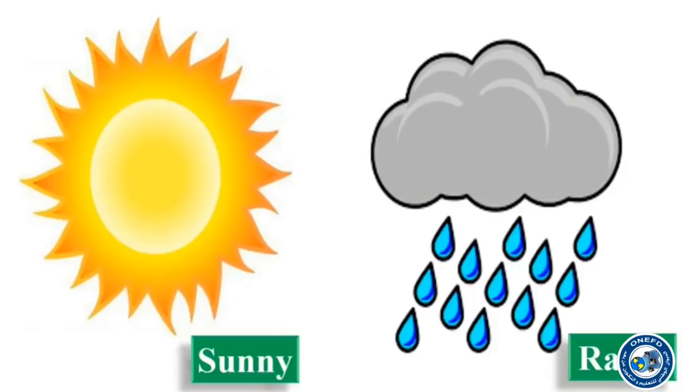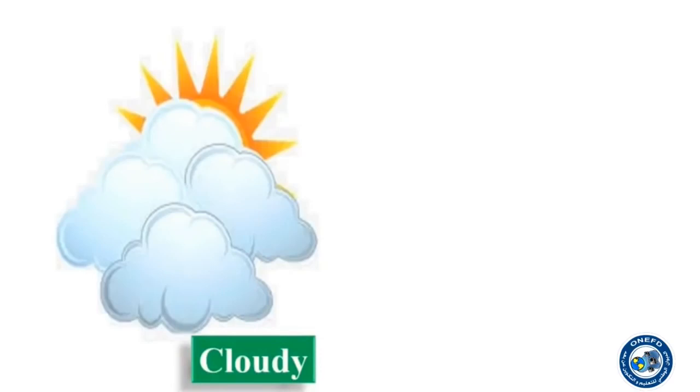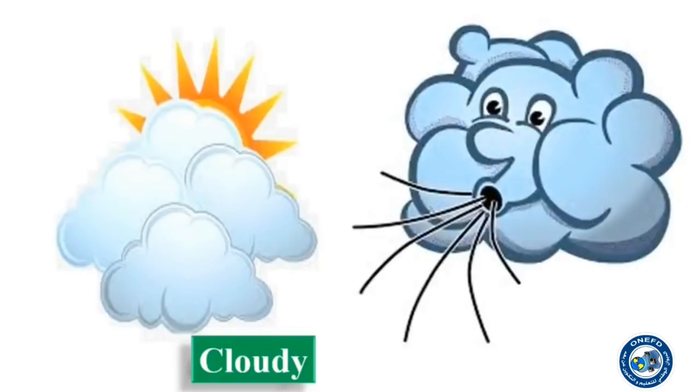The second one is rainy. In this photo, there is sun, but it is unclear. There are clouds in the sky, so it is cloudy. It is not sunny and not rainy.